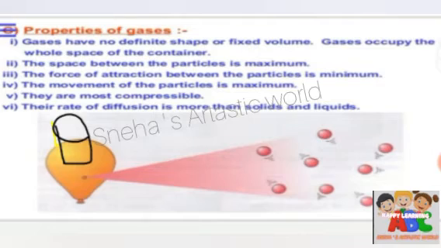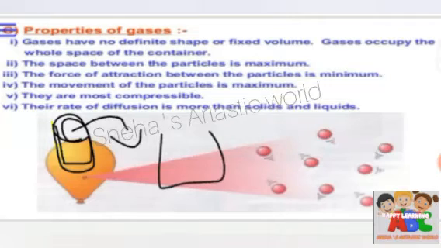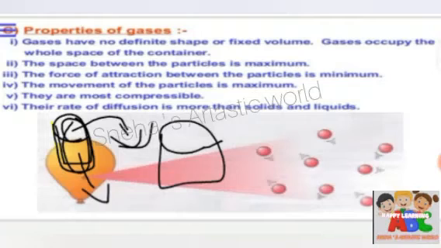For example, I will take a small amount of gas and put it in a large beaker. This is a small beaker, and I will put it here in the large beaker. What do you see? I take a small amount of air, but it spreads very large.